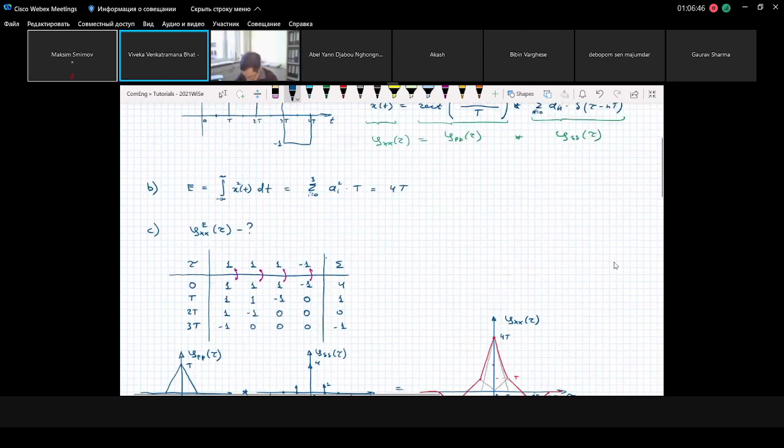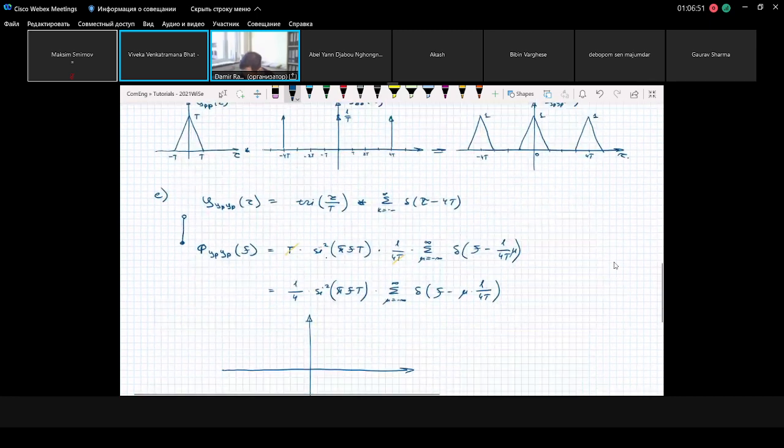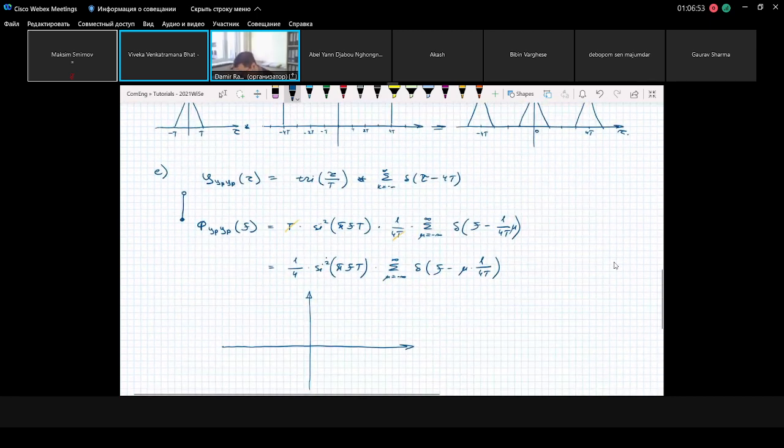Of course, there should be an index. Thank you for noticing this, because if we don't place the index, we have only one delta pulse. Also K should be there, as well as mu for the frequency domain.